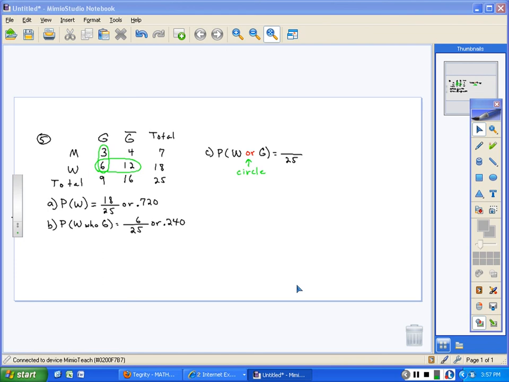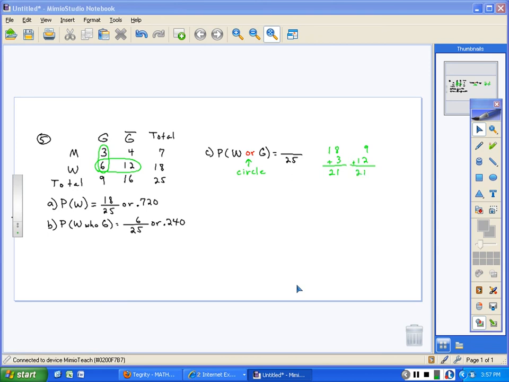I would probably say that we can see that the women, 6 and 12, add up to 18. Then you would just have to add in the 3, which would give you 21. Or you could say that 3 and 6 add up to 9, but then you would have to add in the 12, and you'd still get 21.